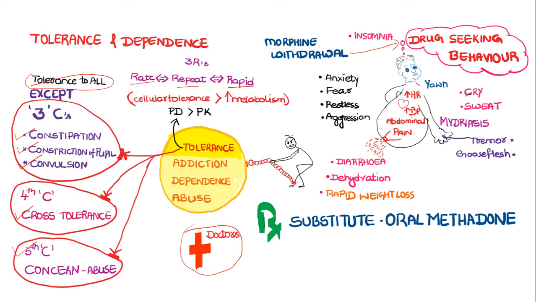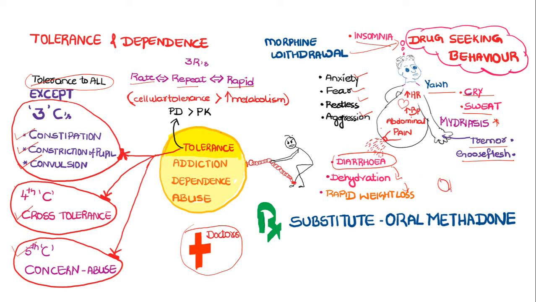It can lead to lacrimation, sweating, yawning, insomnia, mydriasis, dilatation of the pupil, tremors, goose flesh, anxiety, fear, restlessness, aggression, and also diarrhea. It can lead to dehydration and rapid weight loss.